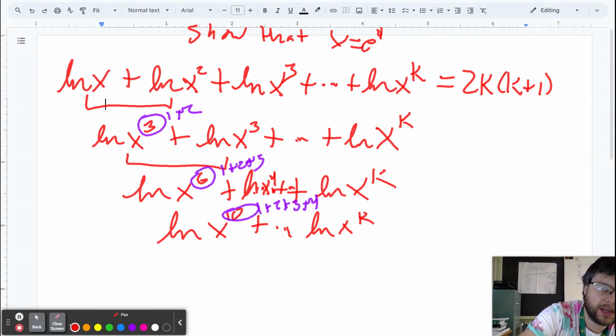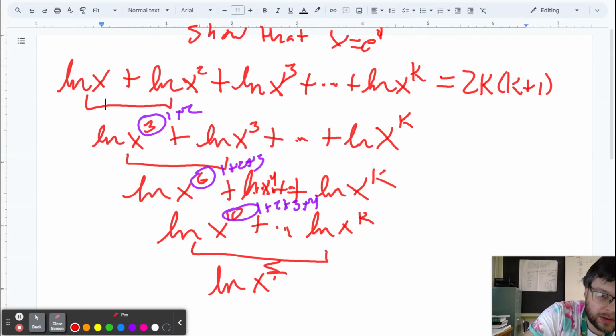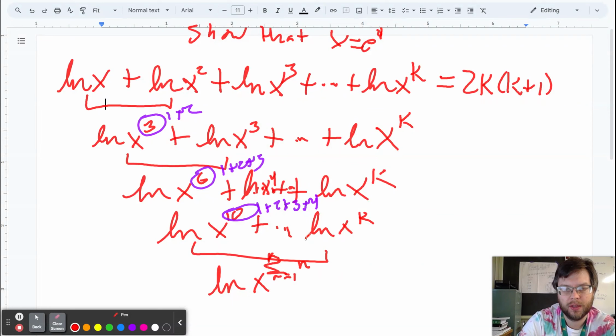So after I combine all those terms, it's going to be the natural log of x to the sum of the first, we add it all the way up through k. So it's going to be the sum from n equals 1 to k of n. Okay.